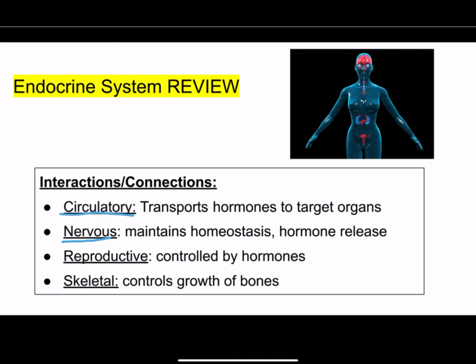Some of those areas, the ovaries and the testes, are going to pair up with the reproductive system, which we're going to talk about next. And then lastly, the skeletal system controls bone growth. So through calcitonin, it helps regulate bone growth.